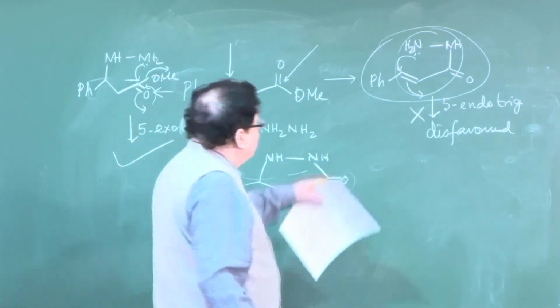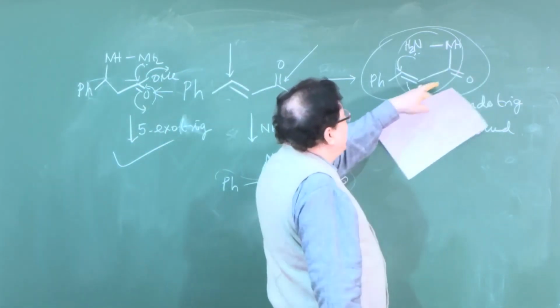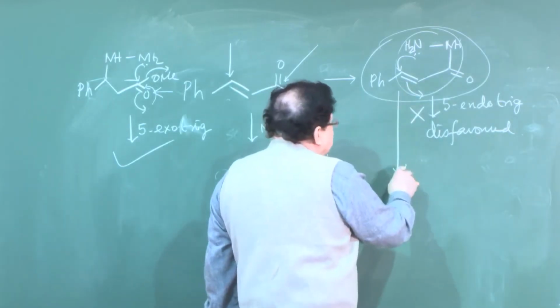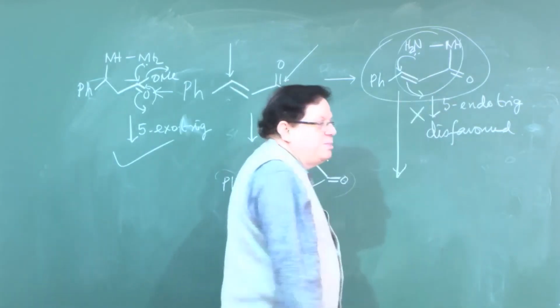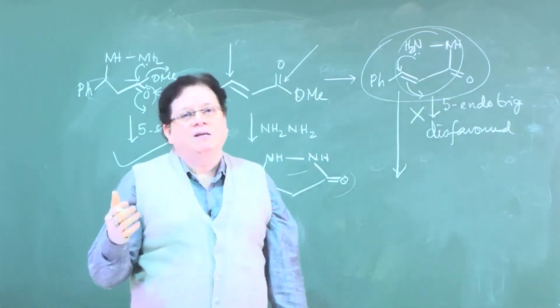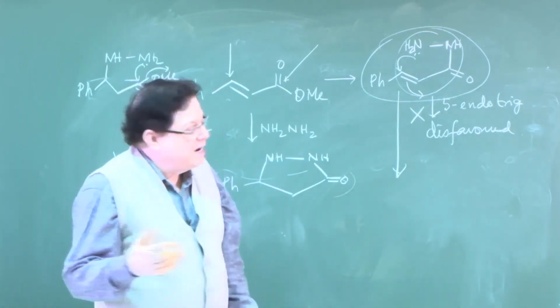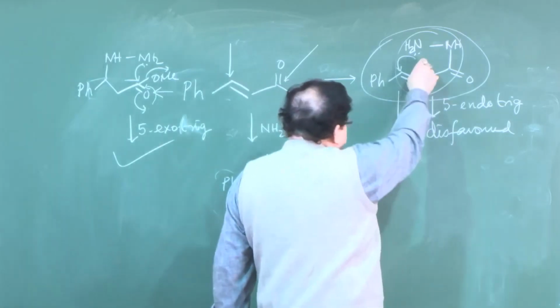You will get this type of intermediate, and attempted cyclization even at high temperature did not work. So, that says that this is not the mechanism.